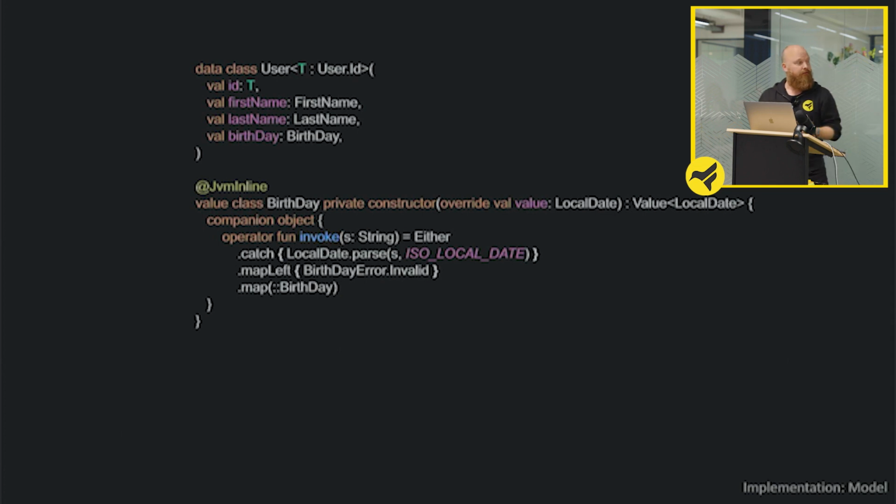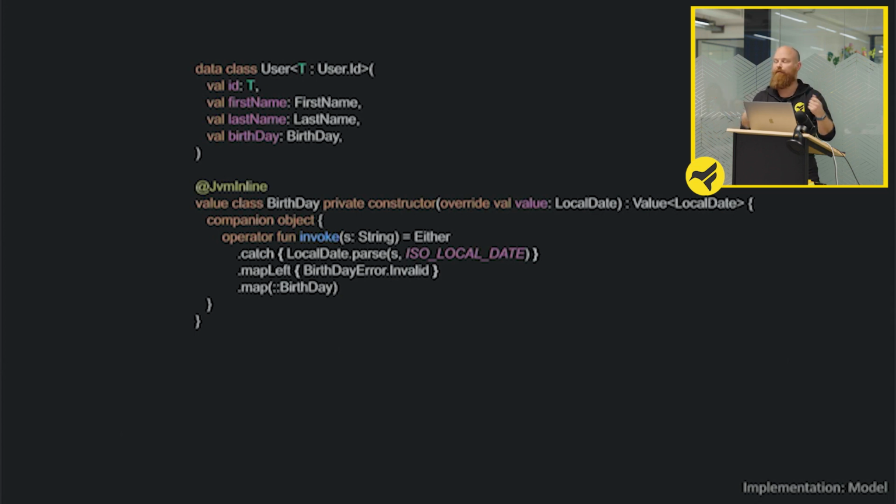There are also other ways of constructing this. For instance, birthday, we know that we want to model it as a LocalDate inside this value class. So there is this Either.catch, where you can parse this string into a LocalDate. And if this fails, then there will be some exception in that left-hand side.